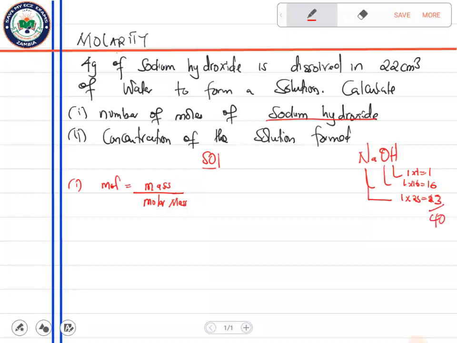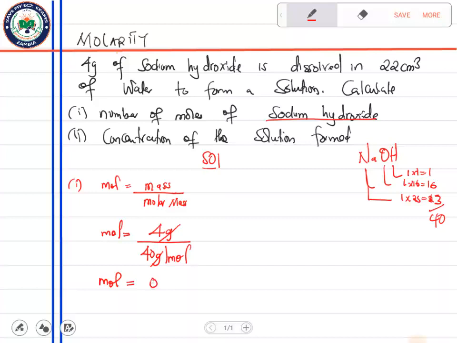Then the mass has been given as 4, so number of moles will be equal to 4 grams divided by 40, since molar mass is gram per mole. Can you clearly see that I'm including units because I need to show how the units are disappearing. If you are not sure of the numbers in your head, please use a calculator.